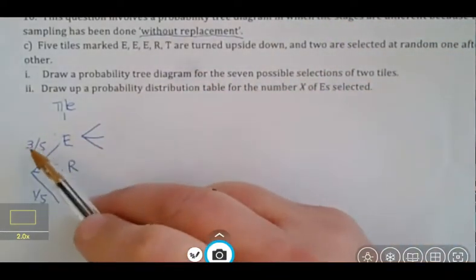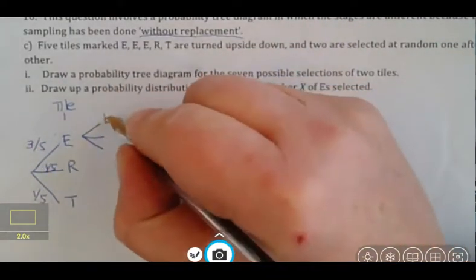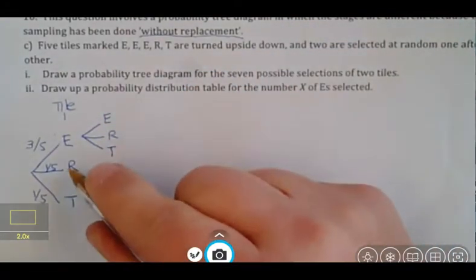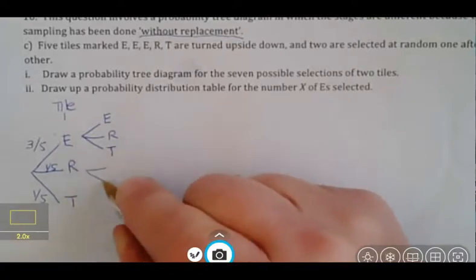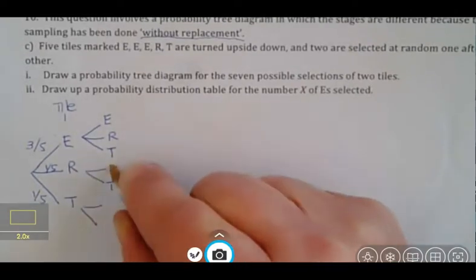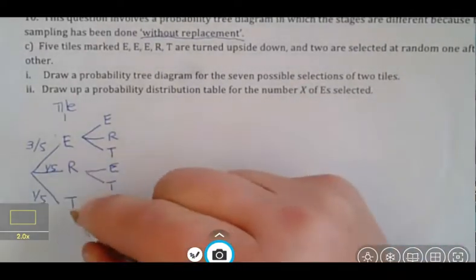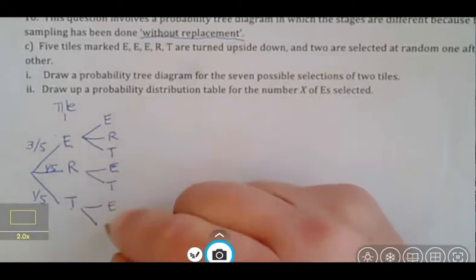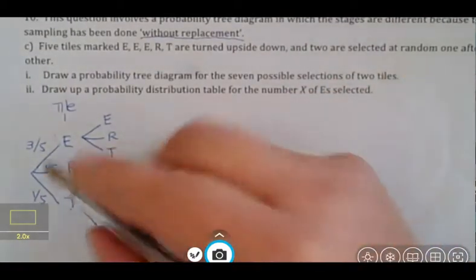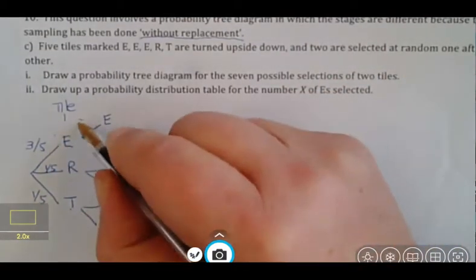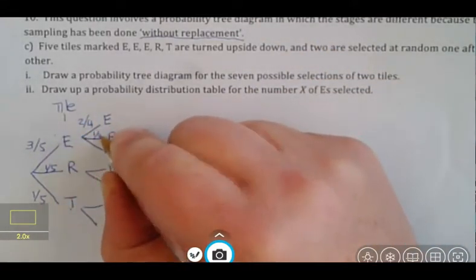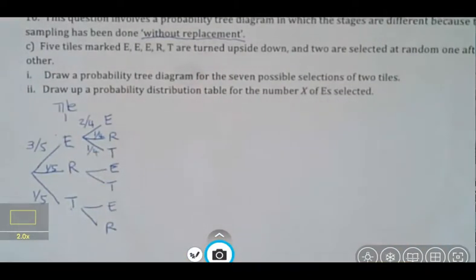Now, if you chose the letter E first, you could still get another E or an R or a T. If you chose the letter R first, the only R is gone, you could only get an E and a T. And if you chose a T first, the next 2 letters that you could choose from would be an E and an R. So if you chose an E first, there's only 2 E's left out of 4, still the 1 R left out of 4 and still the 1 T left out of 4.